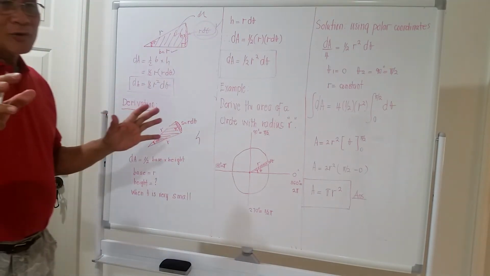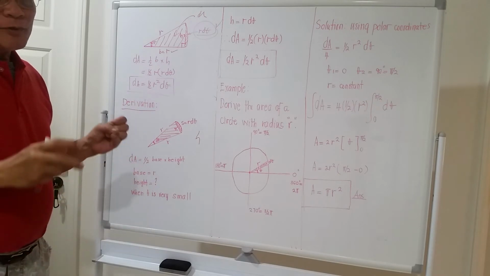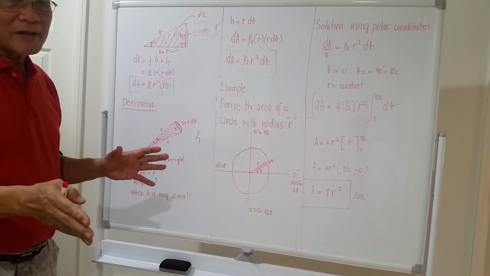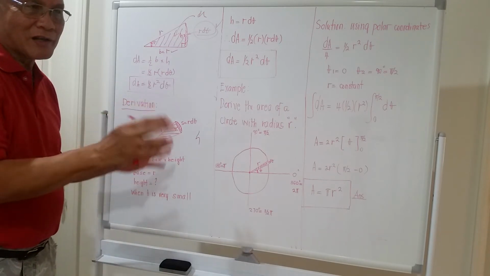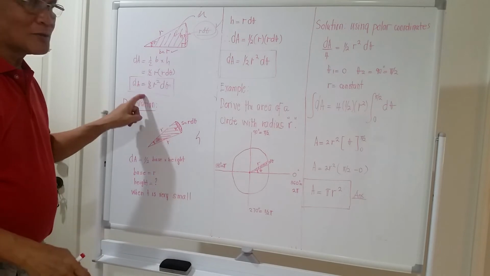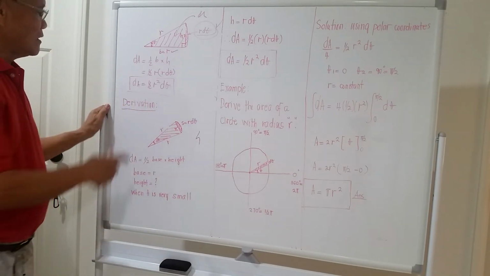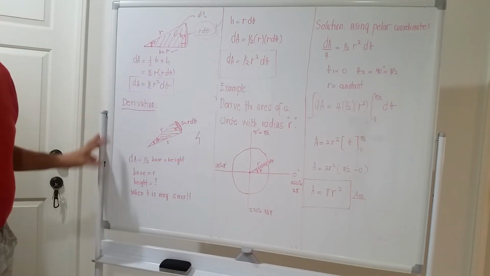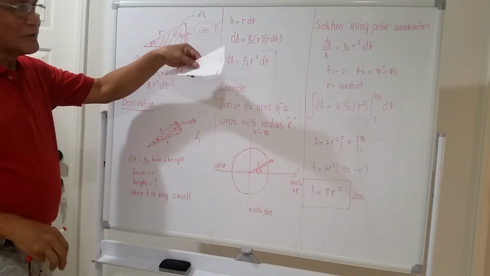So under polar coordinate system, if you are given r as a function of theta, and they are asking for the area included between two angles on that given function, to solve the area, just use this formula. Differential area is equal to 1/2 of r squared differential theta. Okay, that's the derivation of this.